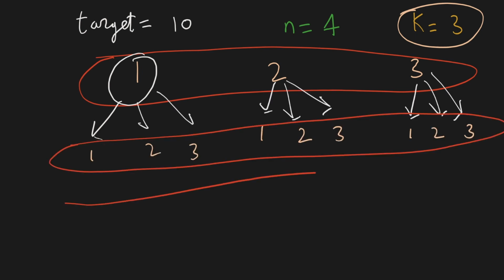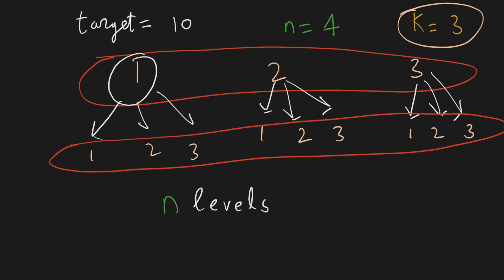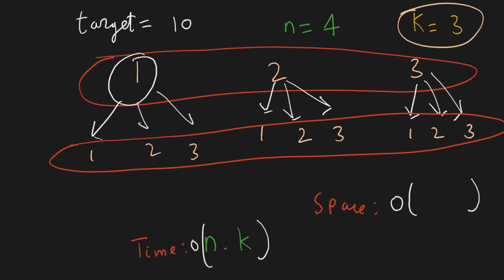Similarly, we are going to have 2 more levels, and then we can find the answer by using a cache for each of the computed values. So in general, we are going to have n levels, and for each of those n levels, we are going to have k different outcomes. So the time complexity is going to be n into k. And the space complexity is also going to be n into k because we have to store the pre-computed values.